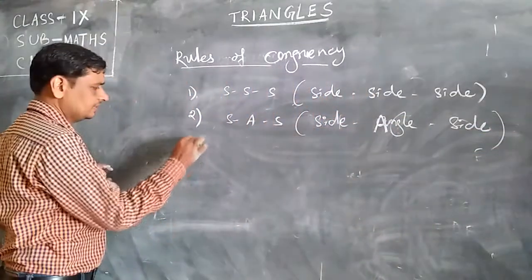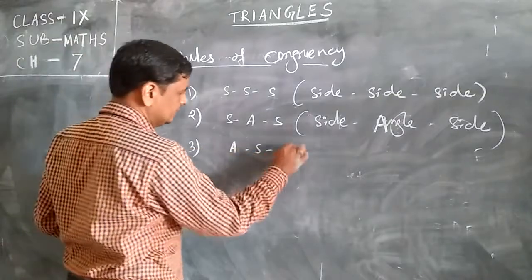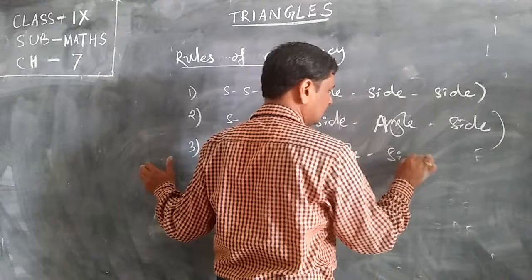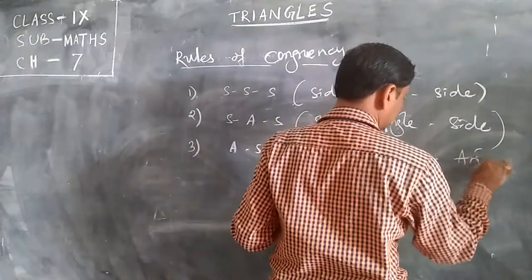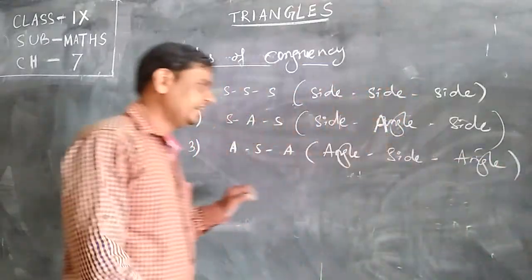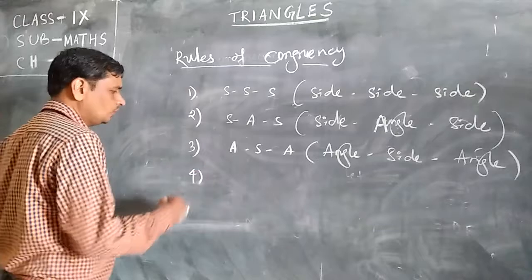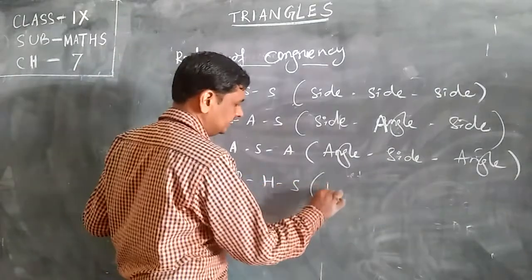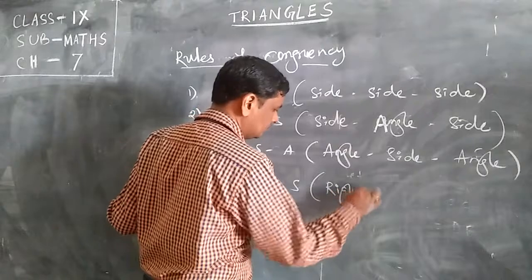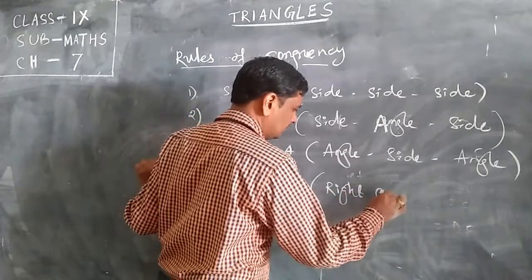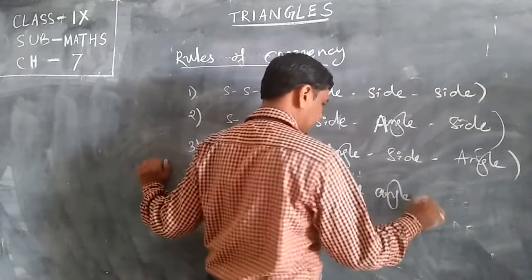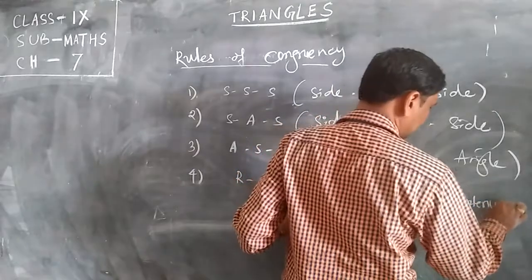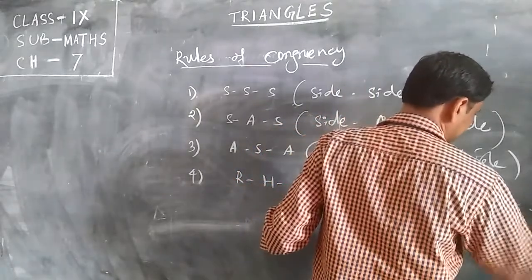Third one is ASA, that is angle, side, angle. And fourth one is RHS, that is right angle, hypotenuse, and side.